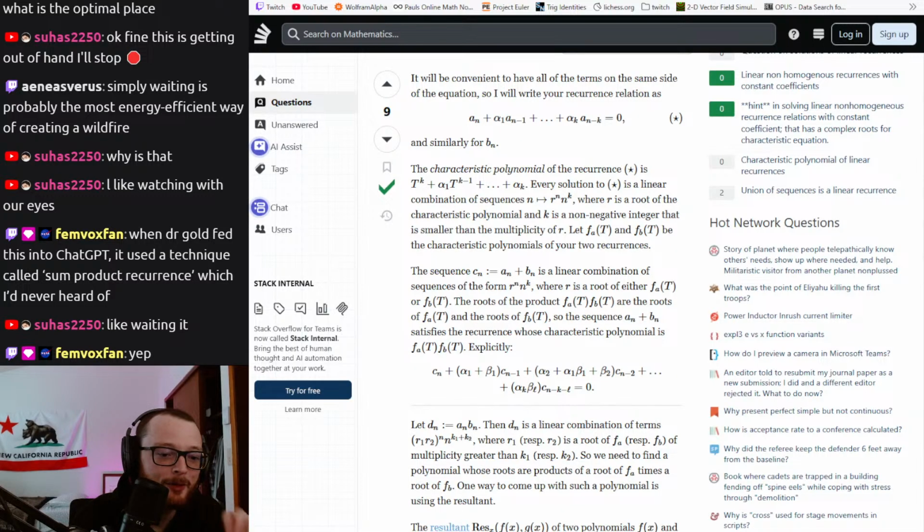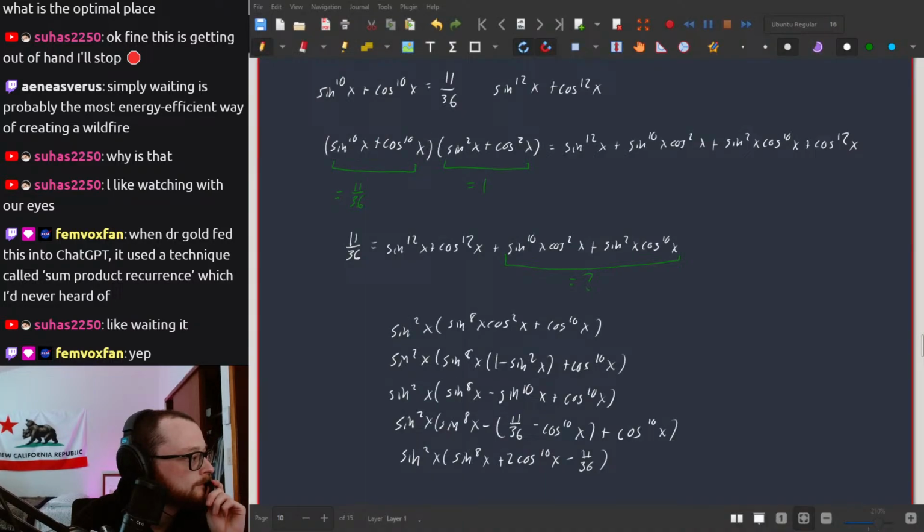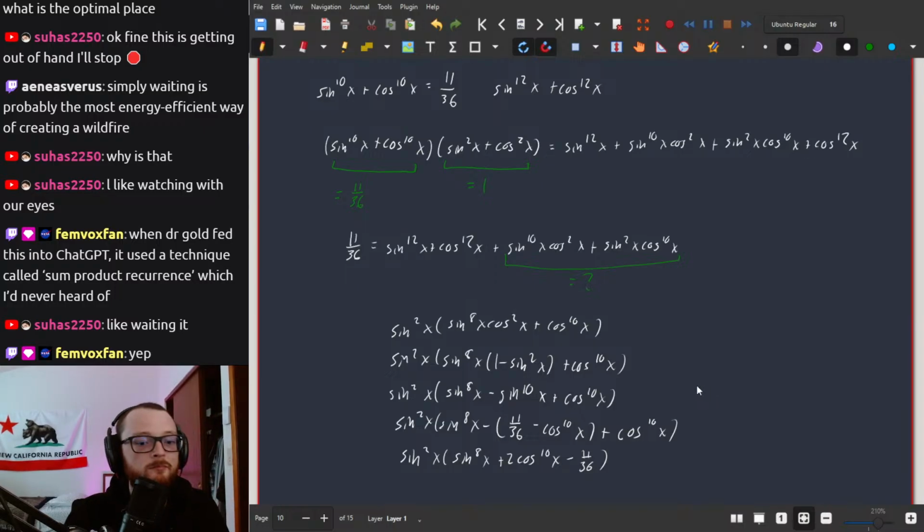So maybe we just want everything in terms of sines, and then to treat it like a polynomial. How do we know what it's equal to, though?